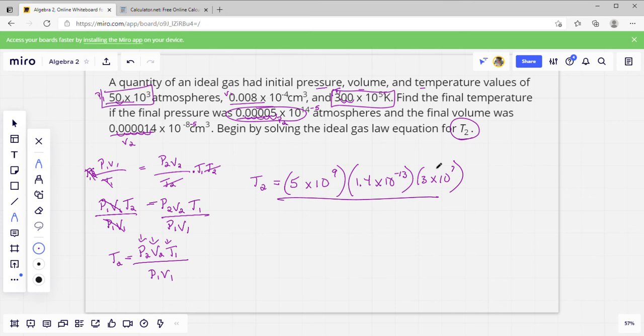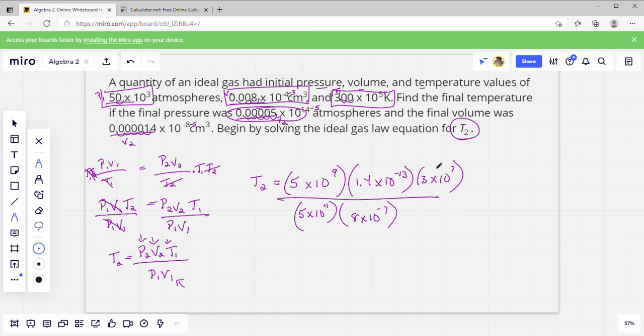Move that once, so we're going to have 5 times 10 to the 4th. And then we're going to multiply that by V1, which is our last value, and that is here. So that would be 8 times 10, and we moved it 1, 2, 3. That would be negative 7.